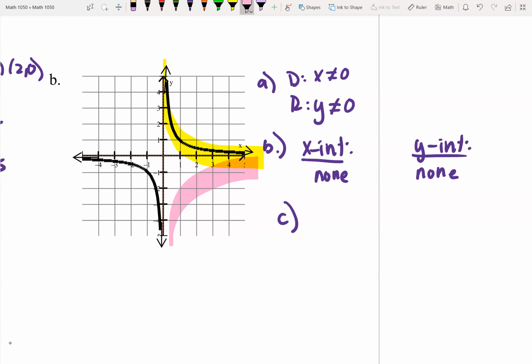It is not x-axis symmetry. Take that same half the graph and fold it across the y. It is not y-axis symmetry because I'm not on top of the other half. If I take that pink and fold it across the x, now I've got it. What's the answer? Origin is correct.